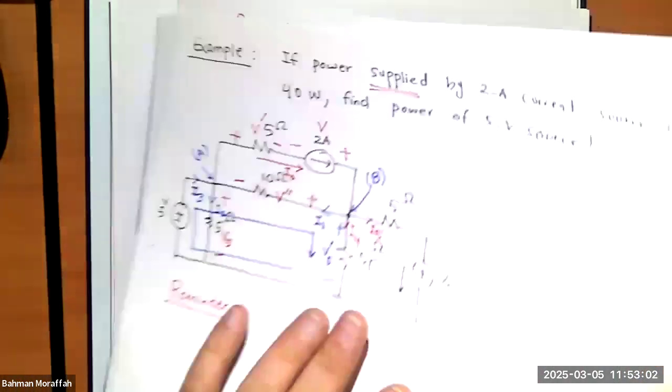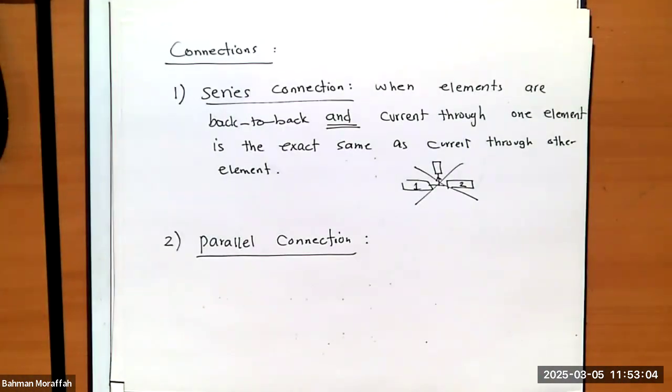If these two elements are resistors, we learned how to combine them into one resistor, right? And if I look at the voltage across the equivalent, that is also the same as the voltage across each element. Remember that? That was the definition of equivalence.